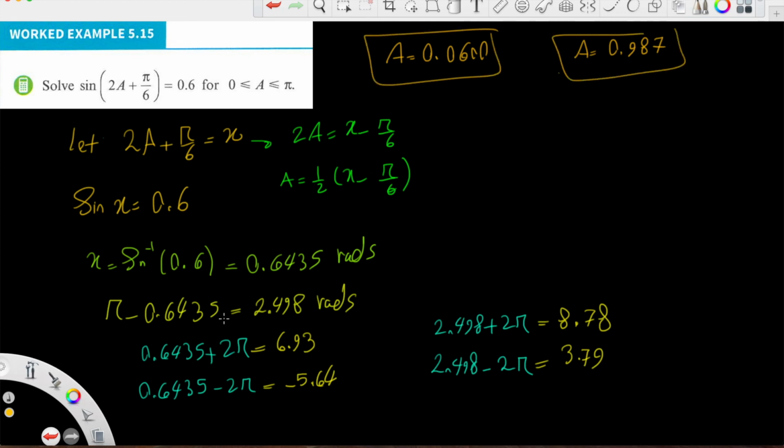So these are x's. We substitute x in this equation in order to find a. Whatever lies in this interval will be acceptable as the answer to this equation.